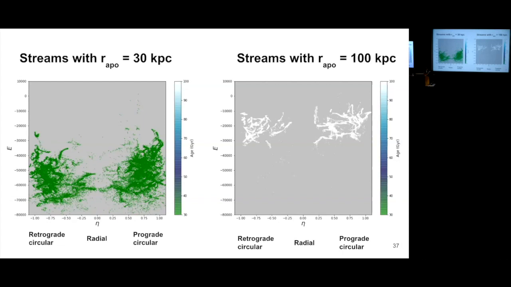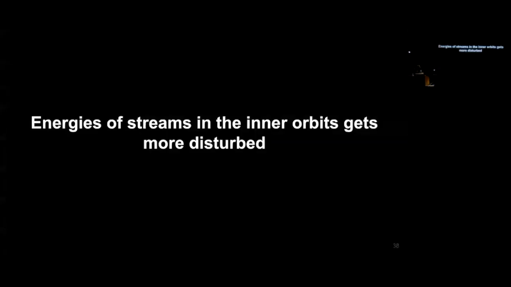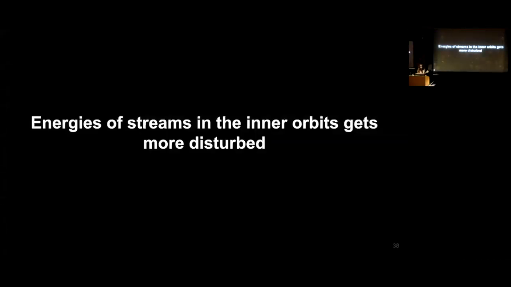You can see the energies of star particles in the inner orbits get dispersed more compared to the outer orbits. So the takeaway point here is that energies of streams in inner orbits get more disturbed, potentially due to the effects of the gravitational potential of the satellite halo.